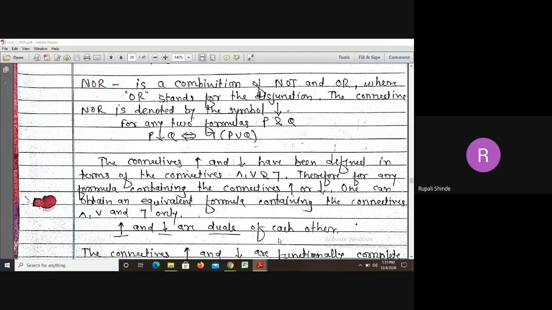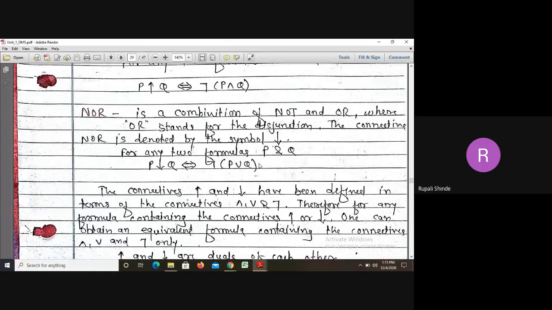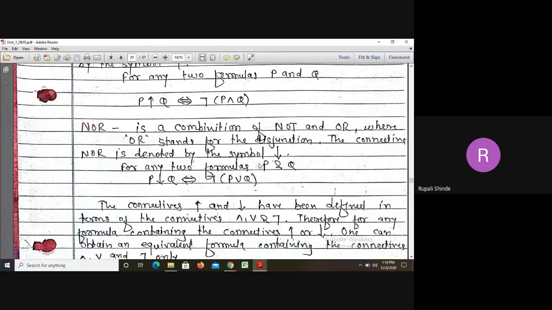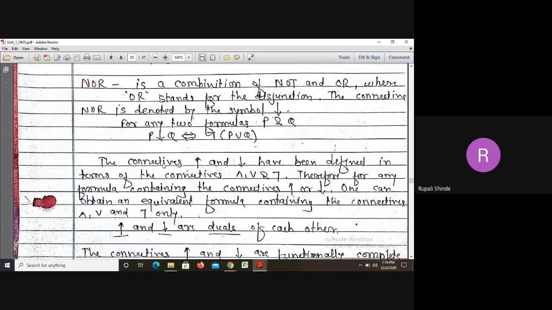If you replace AND by OR, OR by AND, or any special symbol like T by F and F by T, then the second formula is called the dual of the first formula. Here AND is replaced by OR, so NAND and NOR are duals of each other.